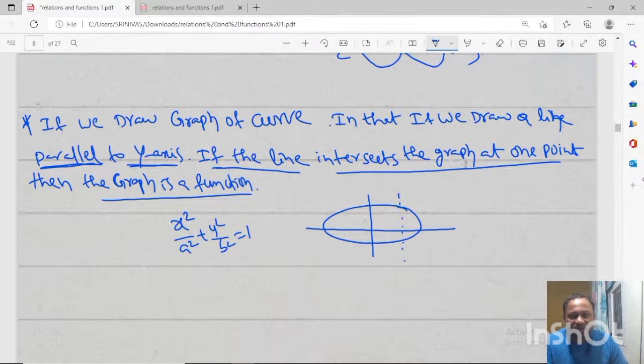So, if the line intersects the graph at one point... see, it intersects the graph at 2 points. That's why it is not a function. Okay, a function means that it should intersect exactly at one point.